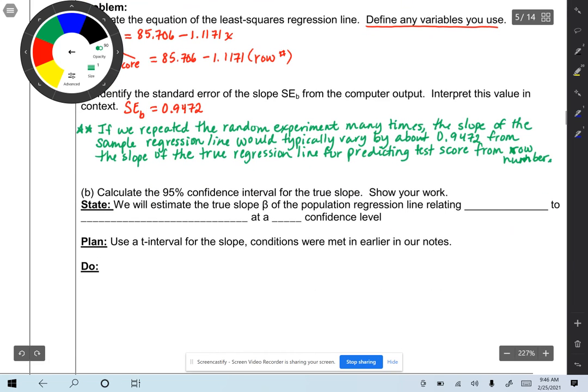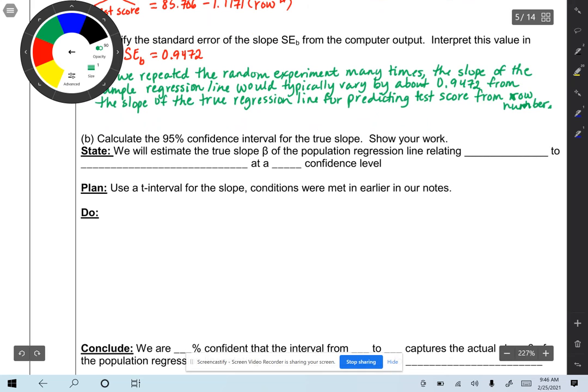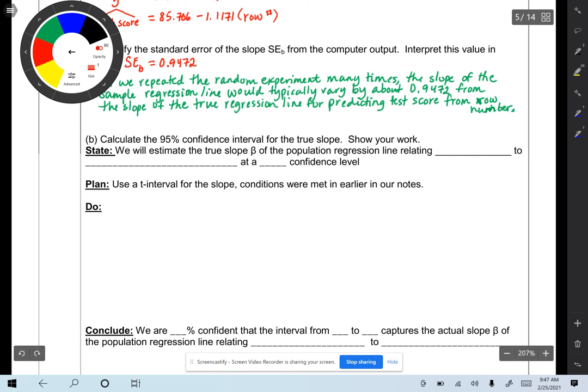And then calculate the 95% confidence interval for the true slope. Show your work. We will estimate the true slope beta of the population regression line relating test score to row number at a 95% confidence level.